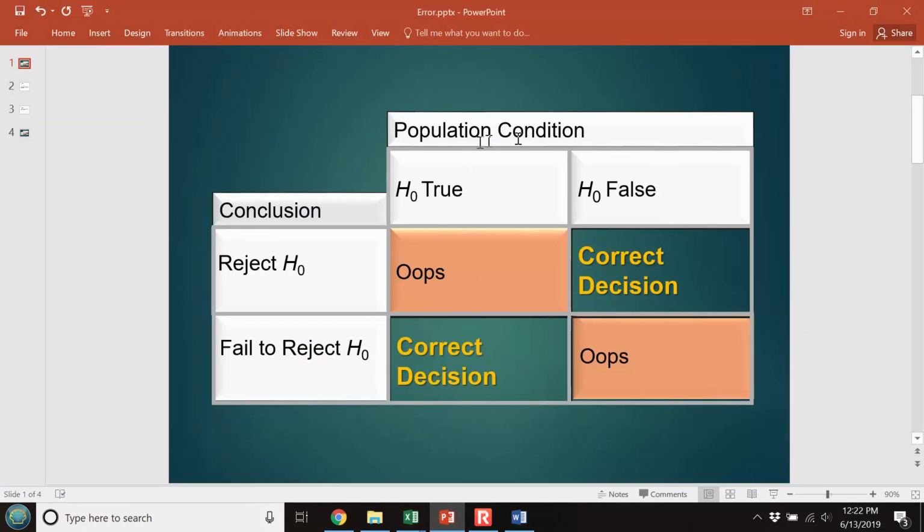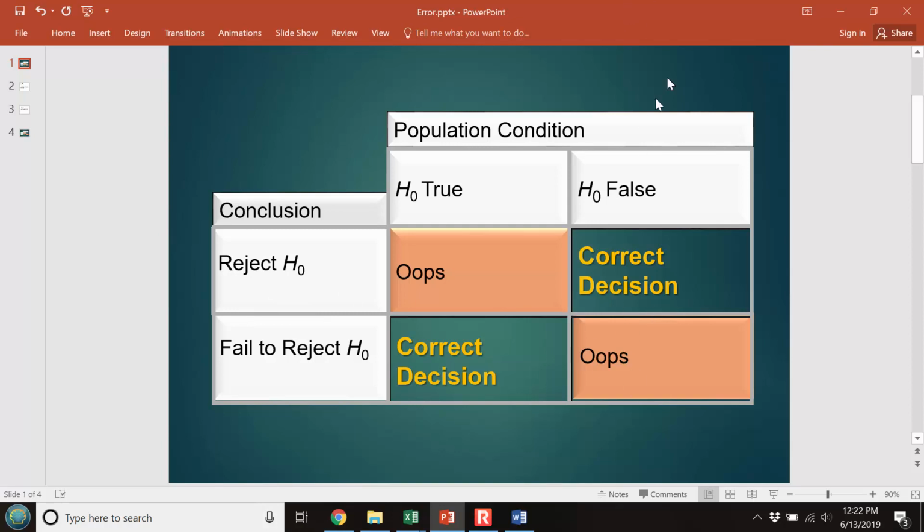So even though one of these two things is true, we have to do one of these two decisions. If the researcher's right, so this is the real situation, the researcher's right, and we reject the null hypothesis, then we've made a correct decision and a correct conclusion.